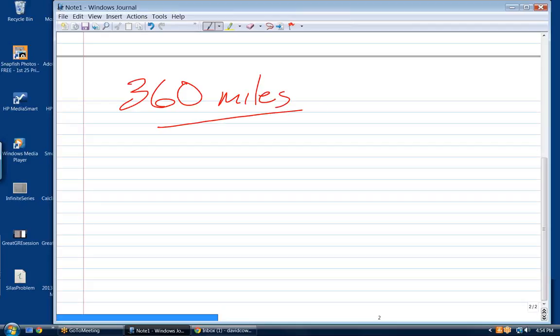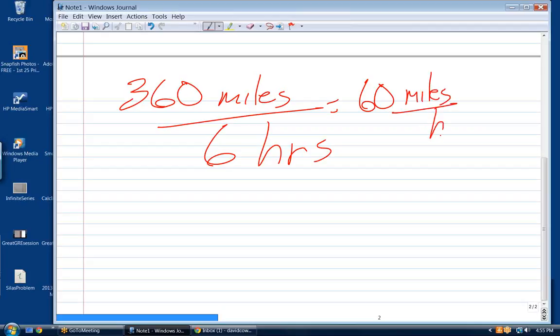So 360 to 6, and then you can divide by the numerator, and you get 60 miles per hour. And the 1 is presumed there. You don't need to write it in. In other words, the units stay the same. You don't lose the units.